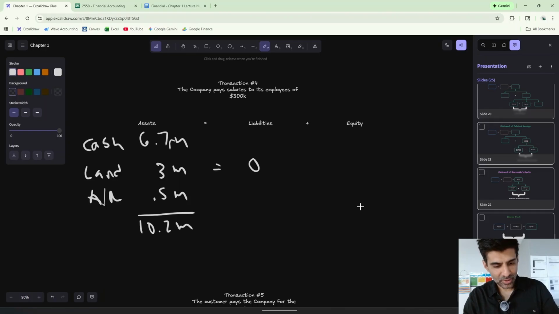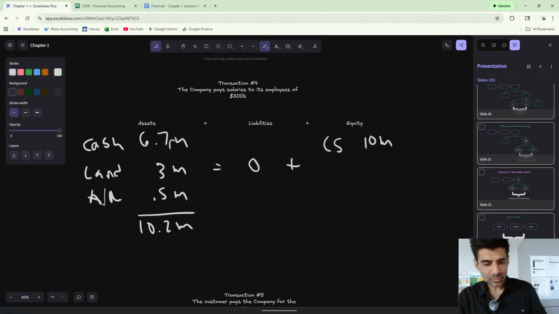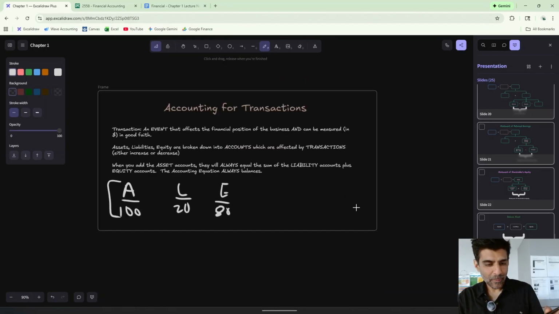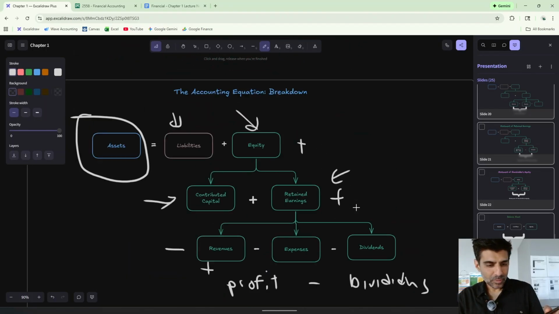Okay, equals 0, nothing on the liability. We still have common stock, 10 million. But now we have revenue, 0.5 million. But now we have a negative amount. Okay, so we saw here contributed capital, this increases equity. Revenues increase equity.